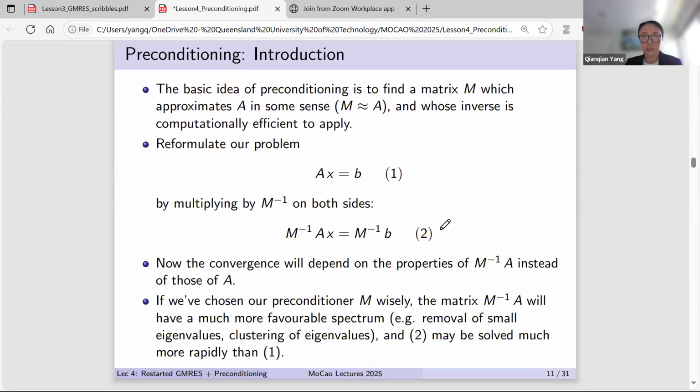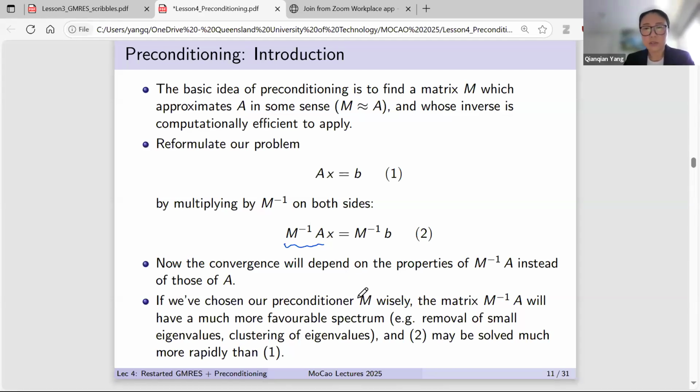So the idea of preconditioning is that we want to find a matrix M, our preconditioner, which approximates our original coefficient matrix A in some sense, and whose inverse, M inverse, is also computationally efficient to apply. Here is our original problem, Ax = b. If we multiply by M inverse on both sides, our problem becomes M inverse A x = M inverse b. Now the convergence will depend on the properties of my new matrix M inverse A, instead of the original matrix.